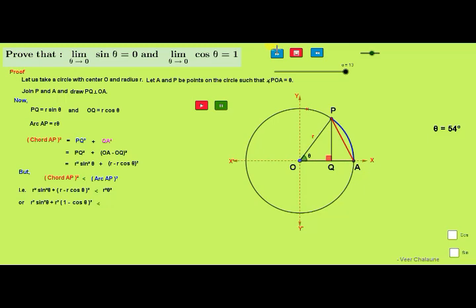This is r sine squared theta plus r minus 1. Look at here, from here r is common. If we take r common from this term, bringing it out of the bracket, we get r squared.